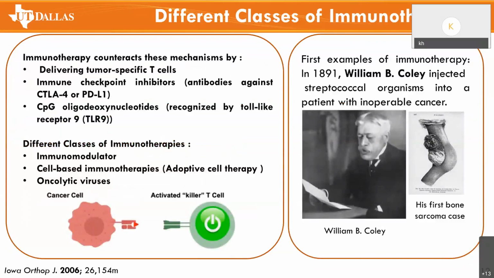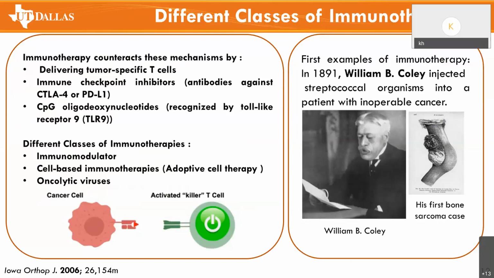Actually, immunotherapy counters these mechanisms in several ways, like delivering tumor-specific T cells, or immune checkpoint inhibitors, like antibodies against CTLA4, PD-L1, or CpG. All of these examples are part of different classes of immunotherapy, like immunomodulators, cell-based immunotherapies, and oncolytic viruses. But before explaining each of these methods, I'm going to look at the history of this field.